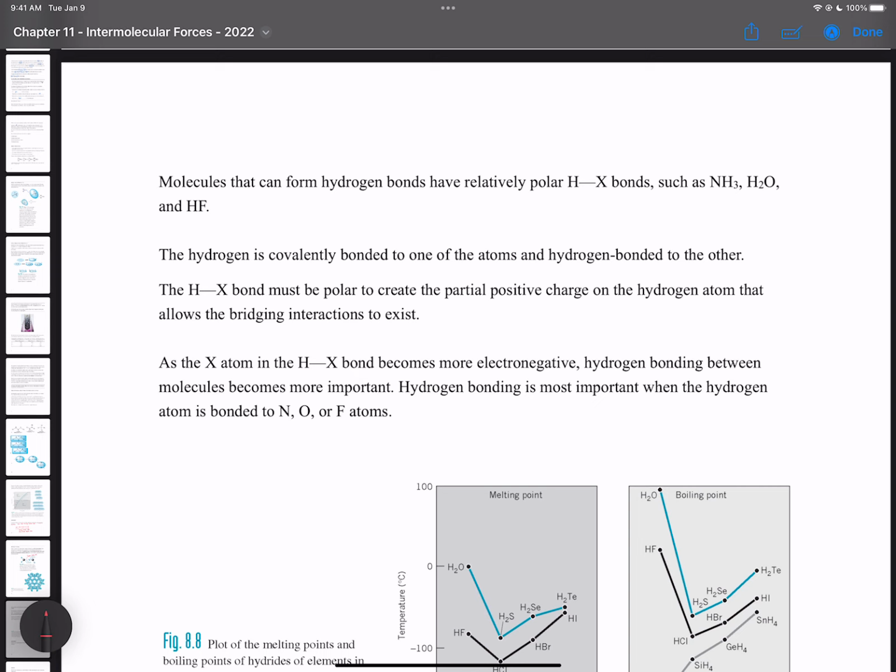Usually these molecules, if they have these kinds of bonds, H-F, H-N, and H-O, can participate in this hydrogen bonding interaction. The H-X bond must be polar to create a partial positive charge on the hydrogen atom that allows this bridging interaction or dipole-dipole interaction to exist.